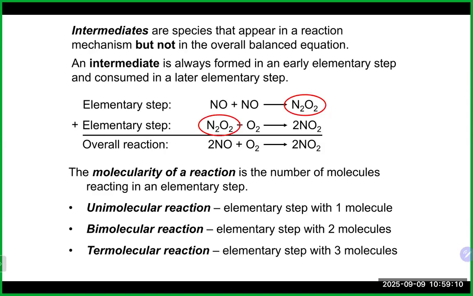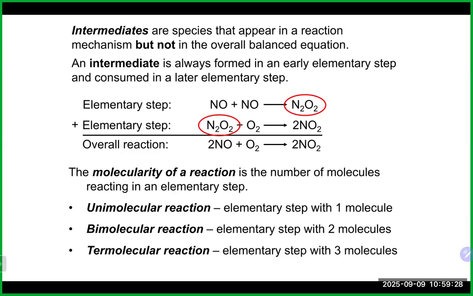Now, we sometimes describe these elementary steps based on what's known as the molecularity of the reaction. There are unimolecular reactions, which basically have one reactant molecule, bimolecular reactions, which have two, and termolecular, which has three.